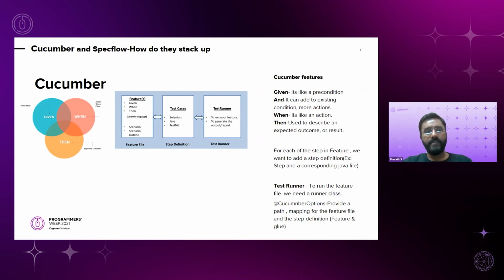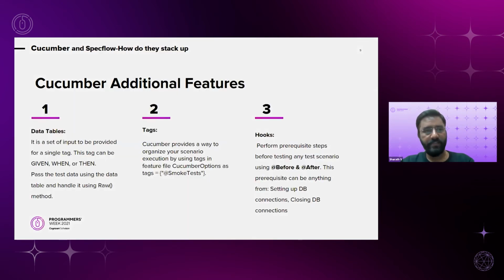What other features can Cucumber provide? Okay, here's one more that Cucumber provides. It's like data tables. We know that if we talk about registration to any of the websites, there could be a few users who would like to register.